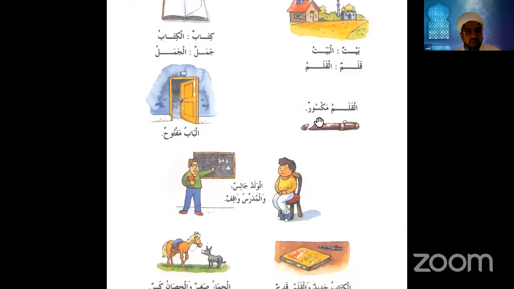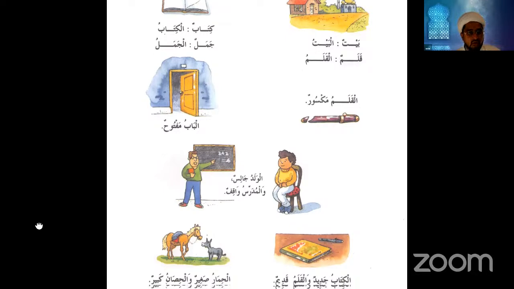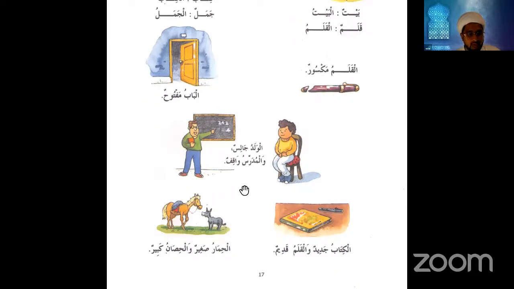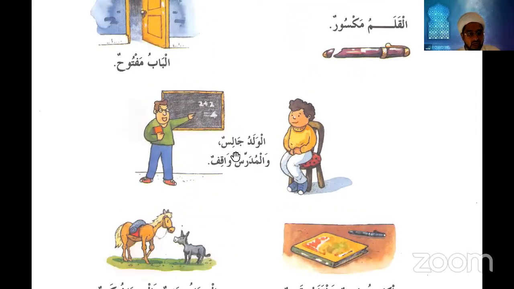Now, in lessons number 1 and 2, we learned the word hadha coming as the subject, mubtada. Now we're learning complete sentences with the noun having alif lam. Al-qalamu maksurun. The pen is broken. Al-babu maftuhun. The door is open. Al-waladu jalisun.